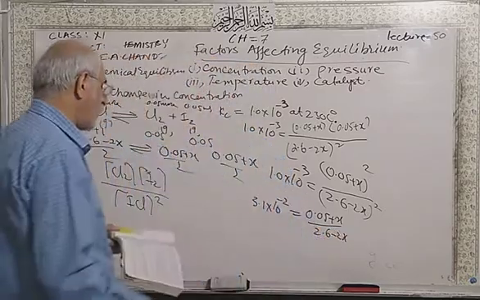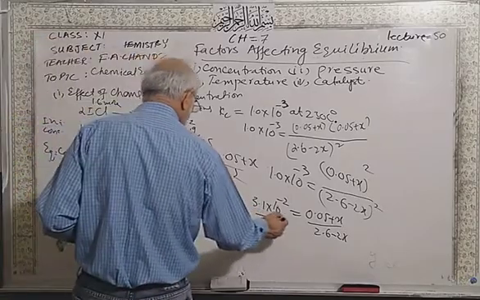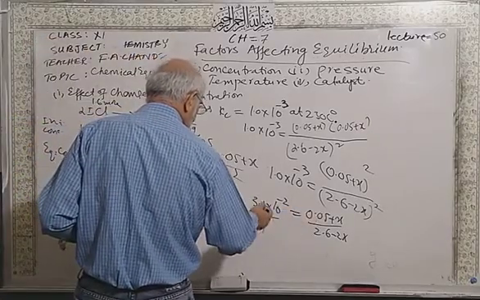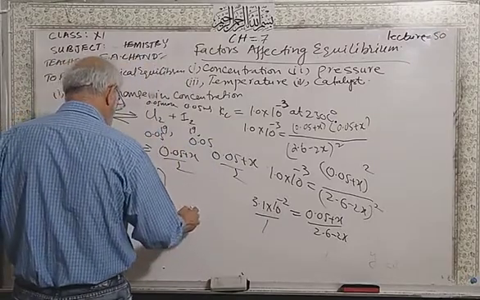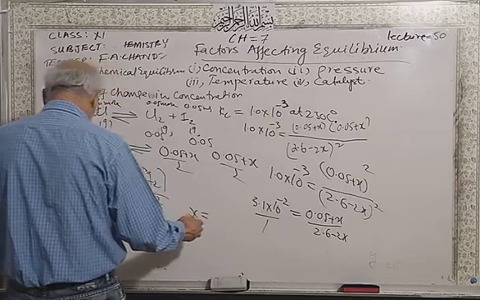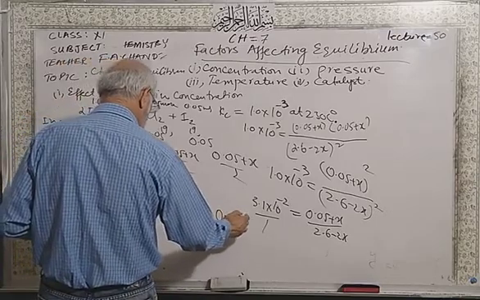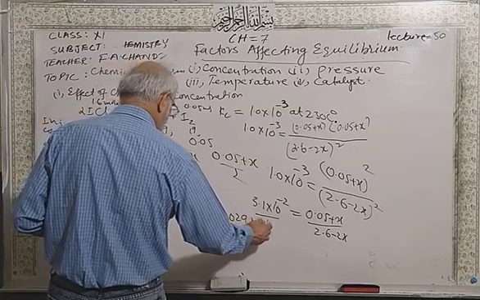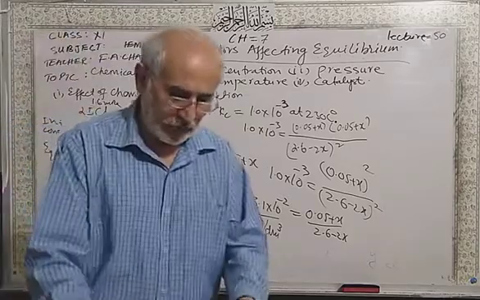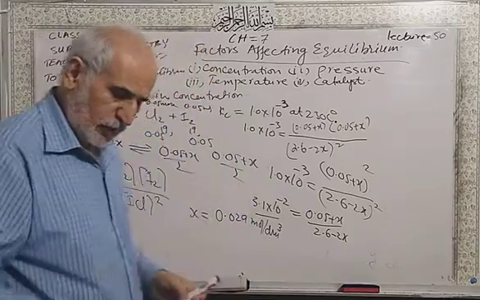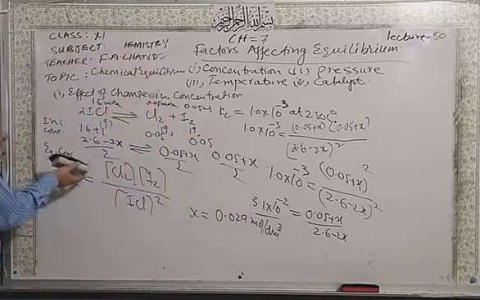You have to do it yourself, take the square root of this. Then mathematically this will be multiplied by this, and after calculation you will get the value of x. The value of x will be equal to 0.029 moles per decimeter cube. After calculation, you will get this value. You have to calculate very precisely.